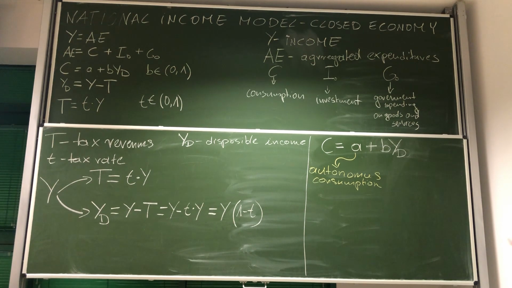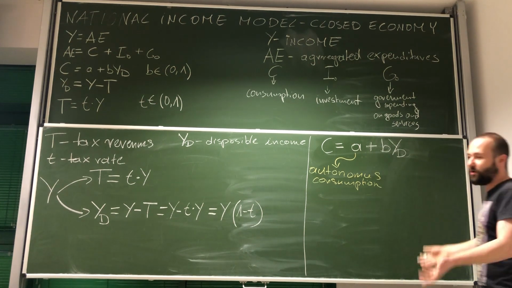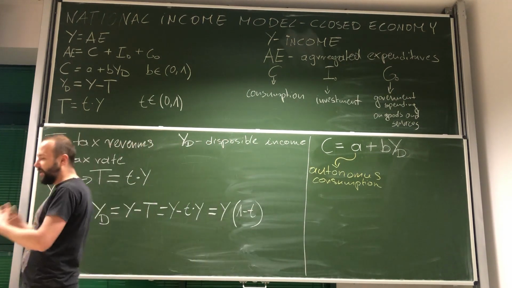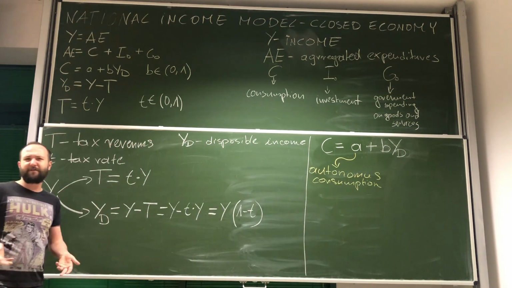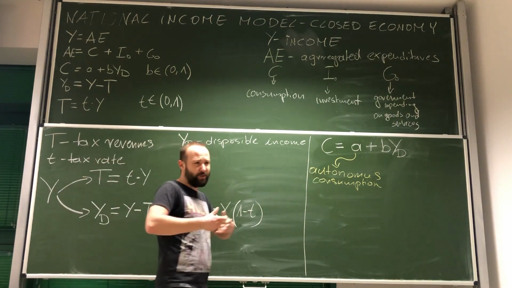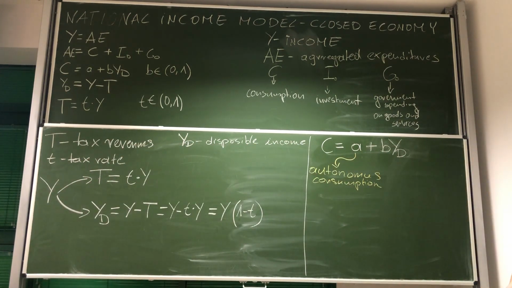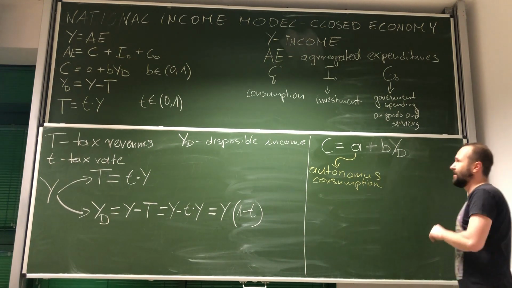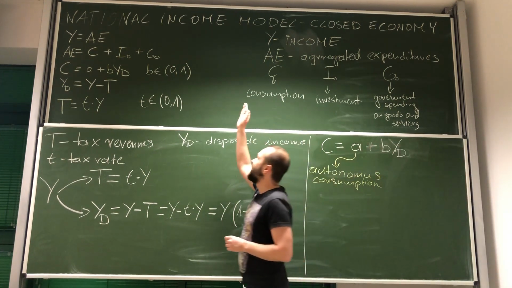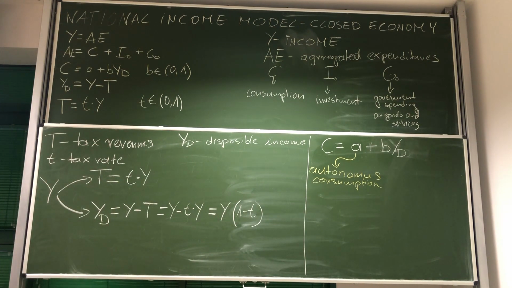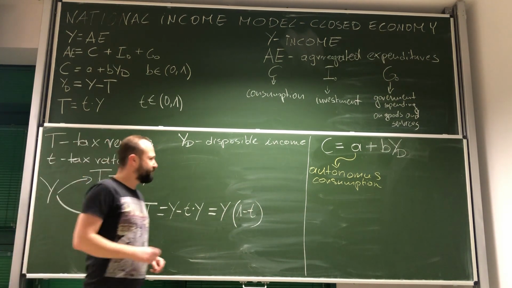Of course, if you do not have any income and you wouldn't spend it on consumption, you would run out of other options. You would die from starvation. If we have income, we spend part of it on consumption. Secondly, we are not assuming that this is one, for various reasons.